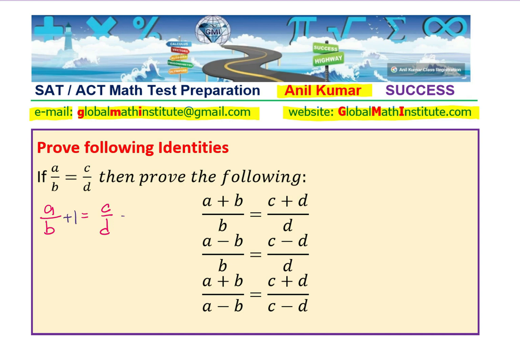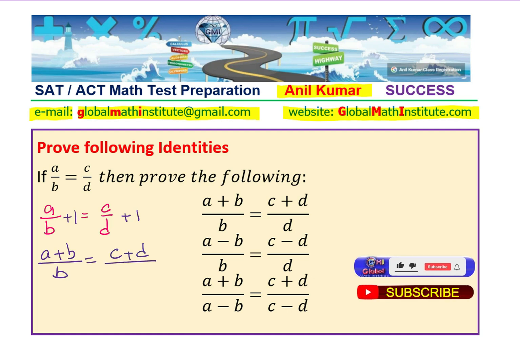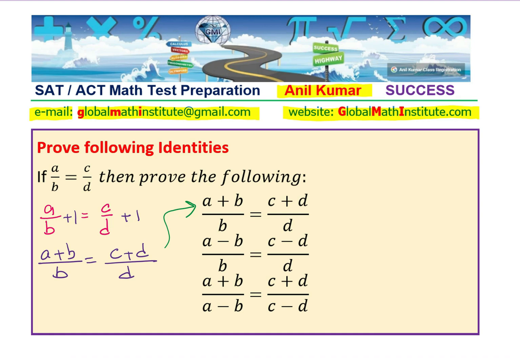It will not change the situation, correct? But when you add 1, you get A plus B over B equals C plus D over D. So that is the first identity, right? So sums in the numerator can also work.